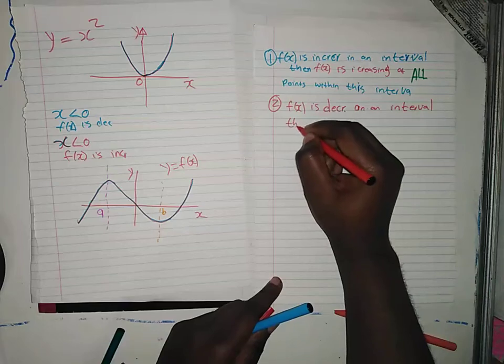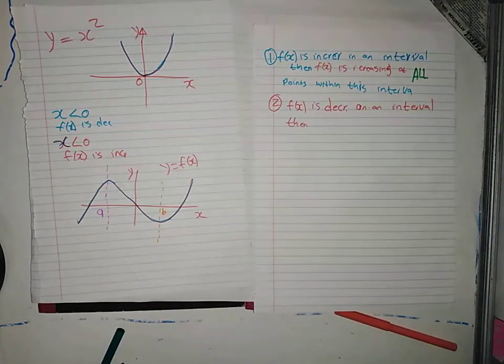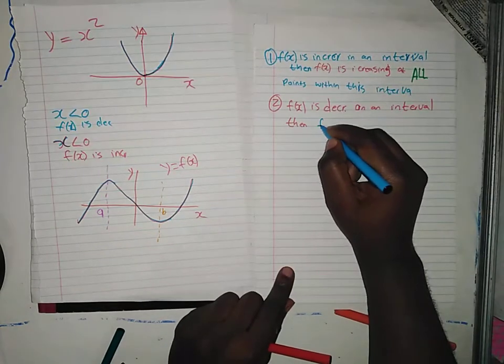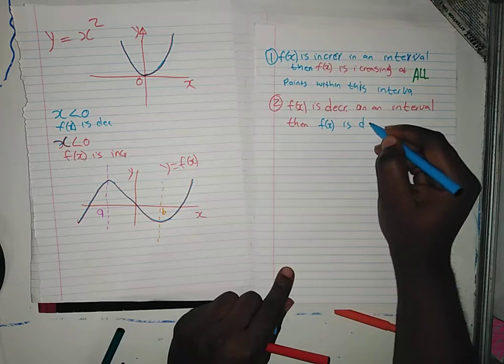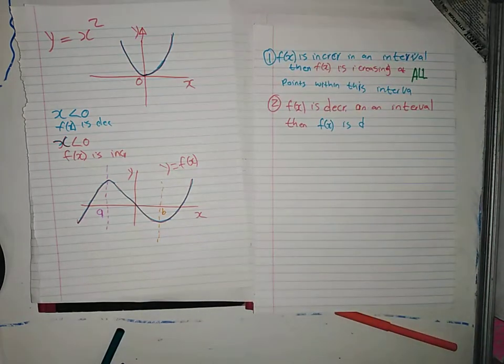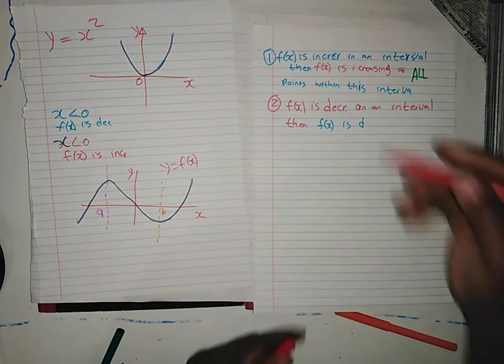Then let me write this one with a different color also. So f at x is, goodness, why is my spelling so wrong? Decreasing, what is that?